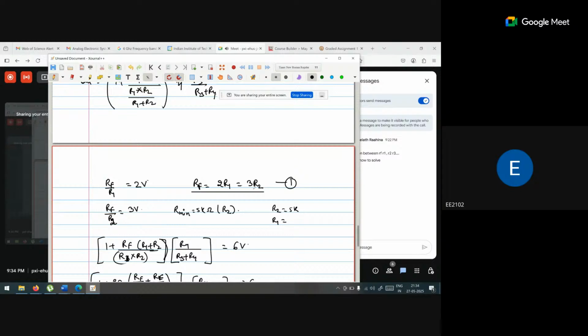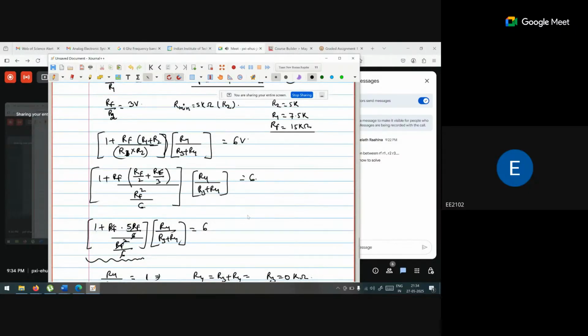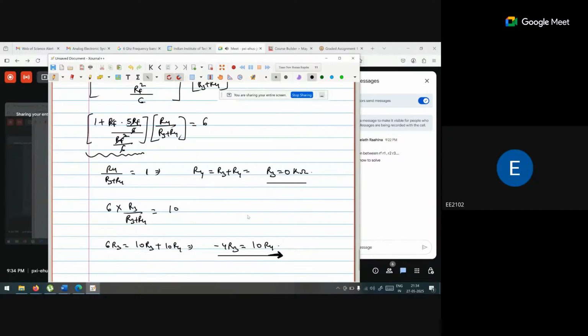Then R1 is 7.5 kilo ohm, and RF is 15 kilo ohm. So three values we calculate this way and two values we calculate the other way. So this is the procedure for calculating the values of R1, R2, R3, R4 and RF.